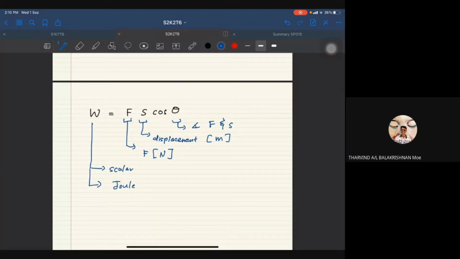If you look at the unit for work, which is joule, and energy, which is also the same, do you think they are related? Do you think work and energy are the same thing? Is it the same? What is your opinion? No?